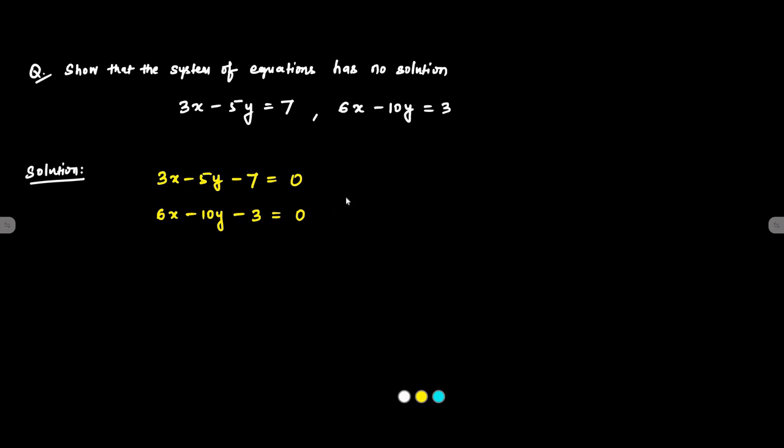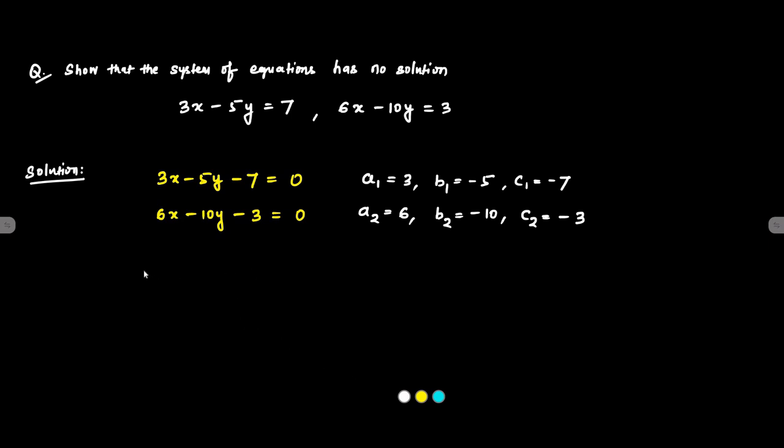Now the values of the coefficients are A1 is equal to 3, B1 is equal to minus 5 and C1 is equal to minus 7. A2 is equal to 6, B2 is equal to minus 10 and C2 is equal to minus 3. Now let us calculate the ratios.